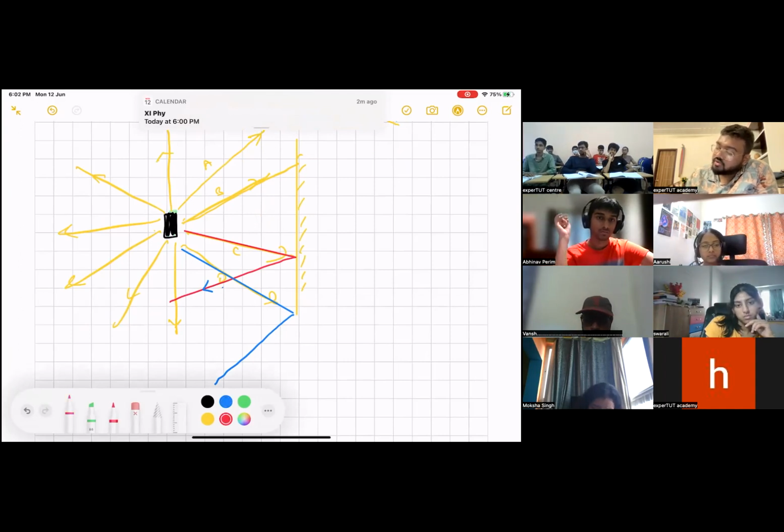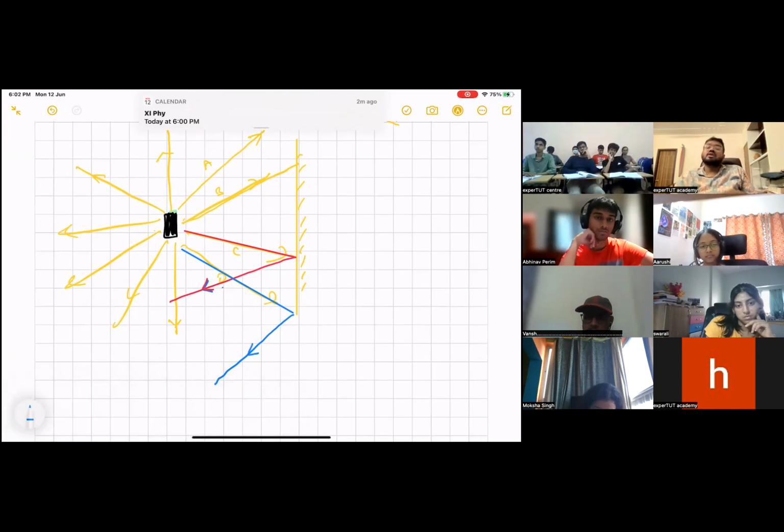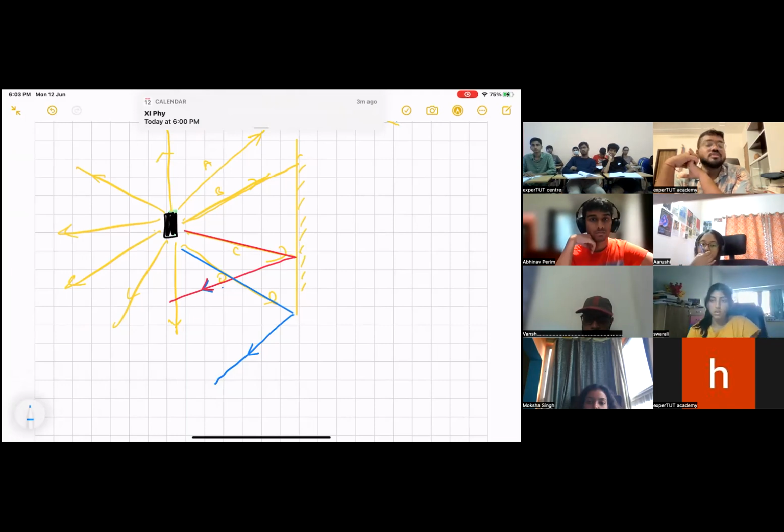What interesting thing happens when you try to look at this? Our eyes are made such that, by evolution, if they see diverging rays, they try to trace them backwards and make an image out of it.